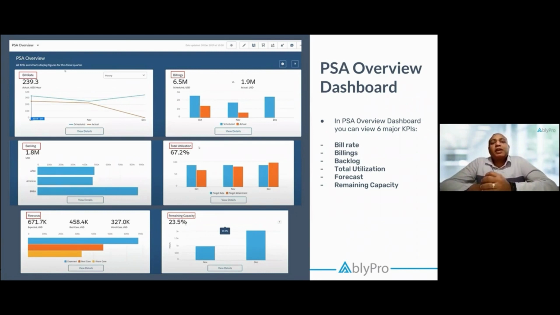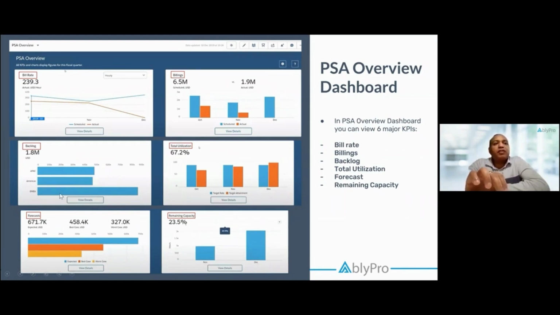Okay, so similar stuff in dashboard as we had for CFO, where you had your actuals versus the schedule, right? So as you can see, the bill rate, actual, and the scheduled, right? This is how it is varying. Okay, the backlog region wise, as you can see, the Americas region has this much backlog.